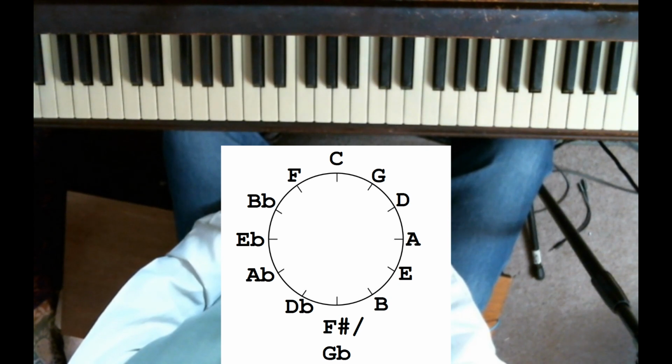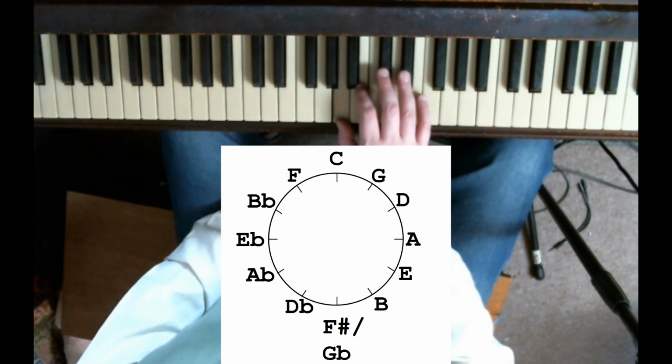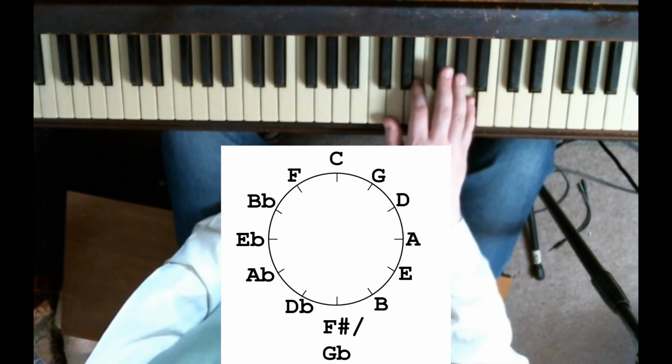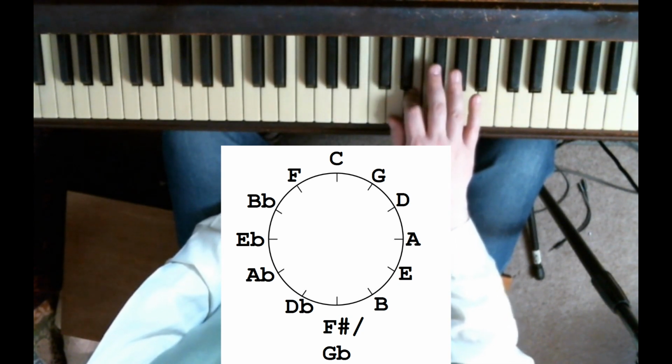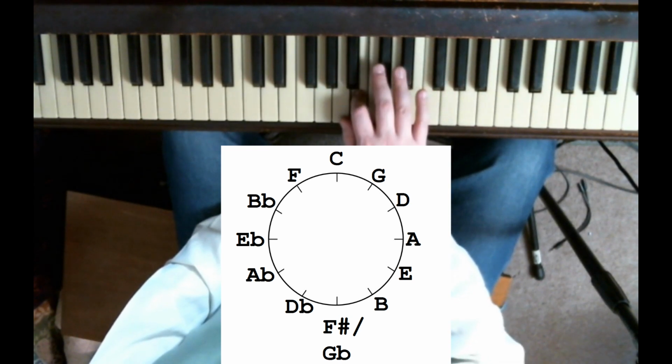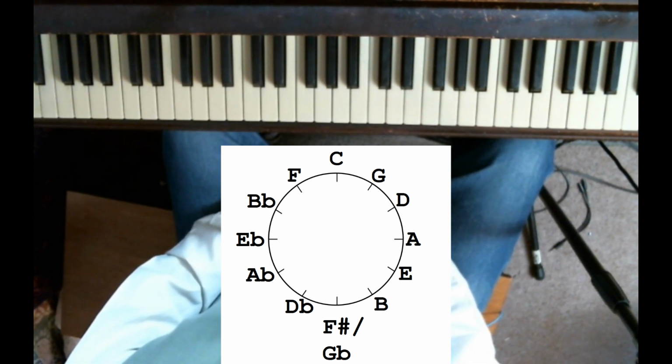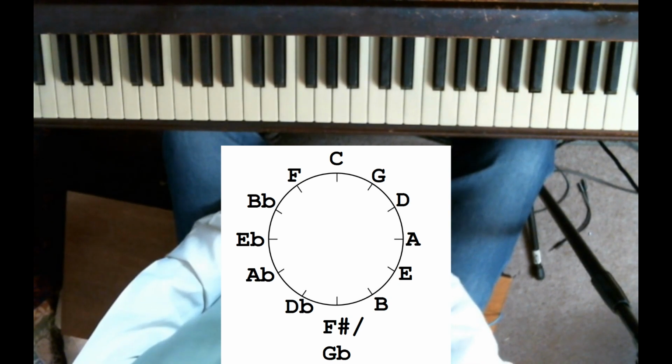Back on the other side, A major has three sharps: F sharp, C sharp, and G sharp. The key of E flat has three flats: B flat, E flat, and A flat.